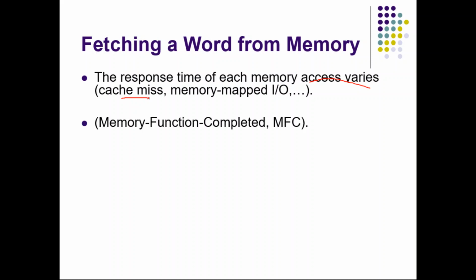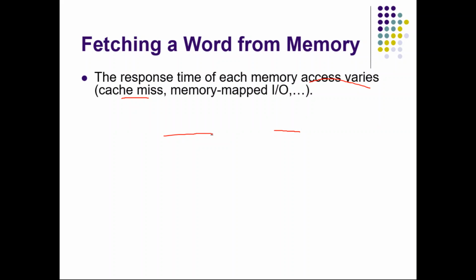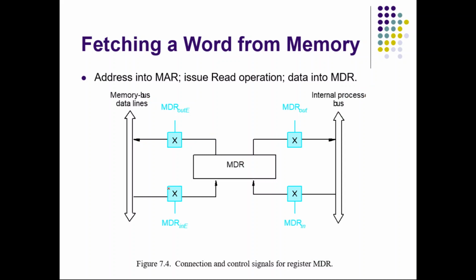So the processor should know whether the data has been fetched or not. For that, the processor uses a signal called MFC, which means memory function completed. If you are fetching data from the memory to the processor, first the data will come into the data bus.